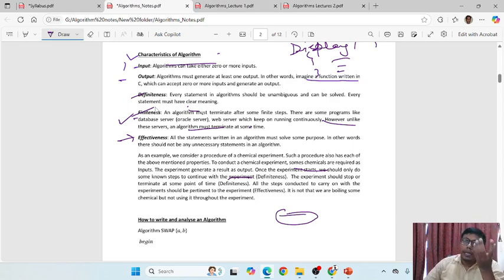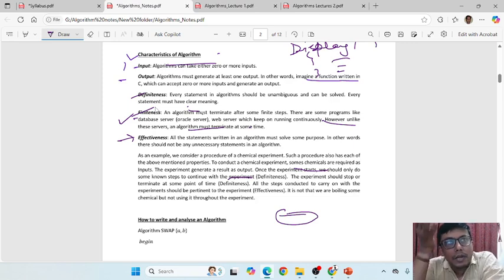If you need the chemicals to be boiled first, then the smoke generated from that experiment needs to be collected, and then it should be cooled, and then you can get the resultant output from that chemical experiment. So you have to follow that procedure, that means you need to follow certain known steps to perform that chemical experiment.